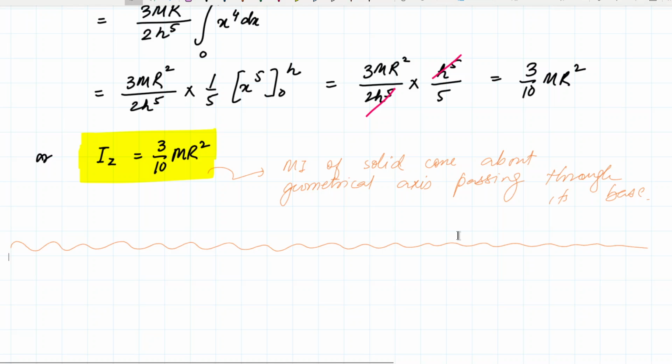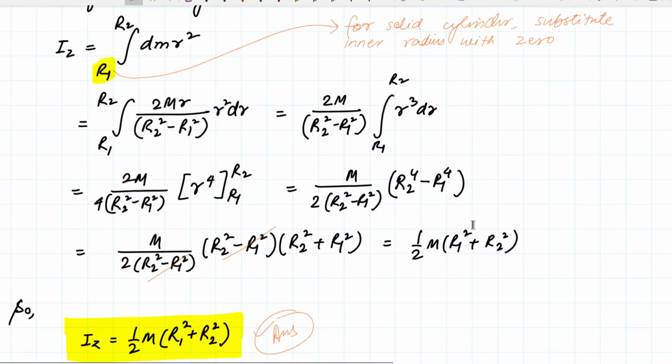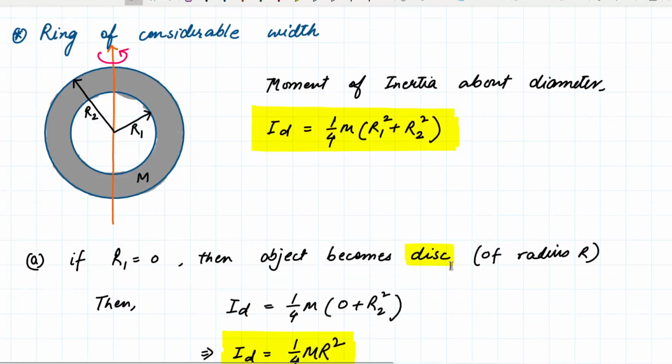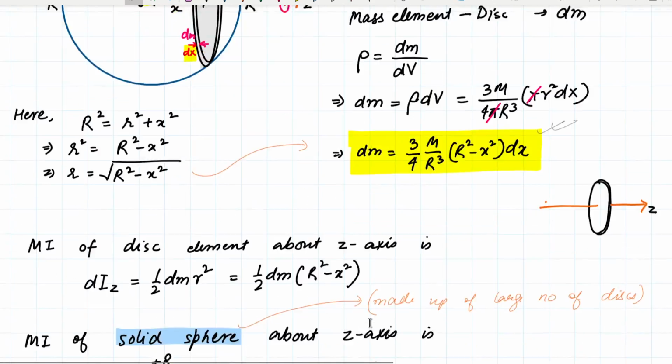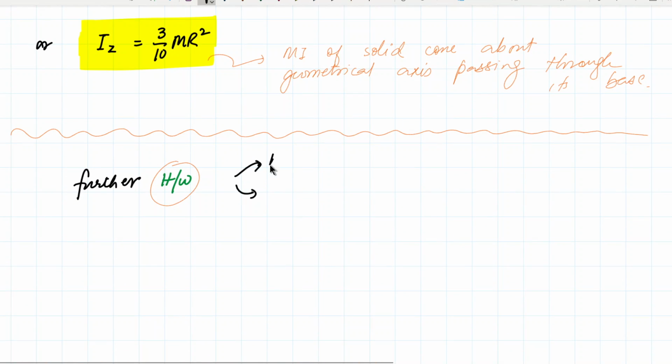There can be further homework; take some and do it yourself. It is not possible for me to do all objects because there are, to be very precise, infinite objects out there, but I have tried to do some standard problems. Furthermore, a circular disk you will be able to do. For that, in place of what I did here, put R1 equal to 0 and integrate, and that gives the disk. And you can try a hollow sphere, assuming that it is made up of a large number of rings.